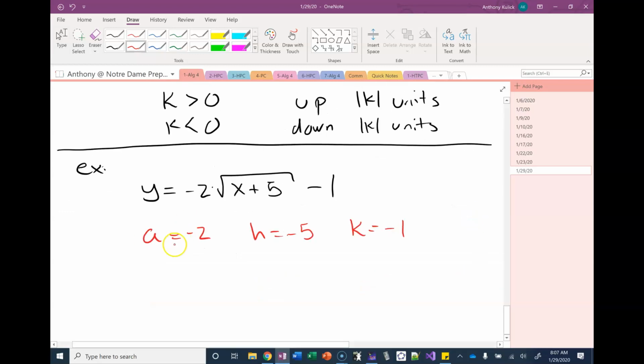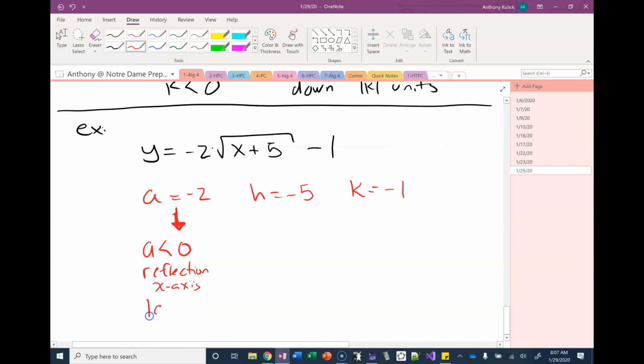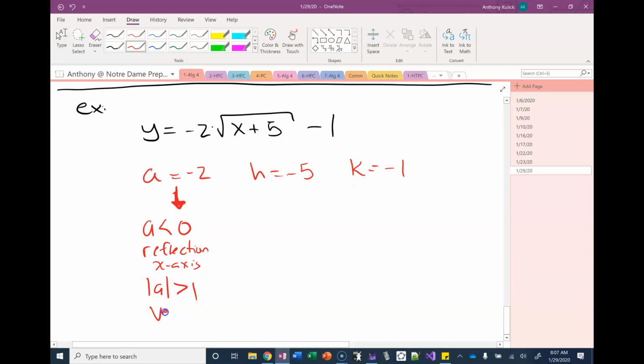Okay. So because a is -2, what does that do to our graph? Well, since a is negative, we're going to have a reflection across the x-axis. And because the absolute value of a is greater than 1, we're going to have a vertical stretch. So two things happen there from a. Is everybody okay with that?